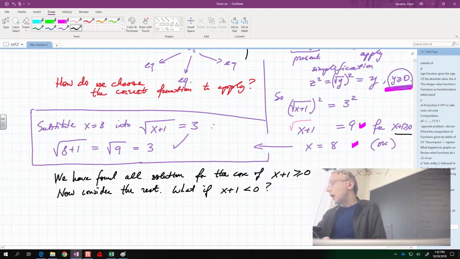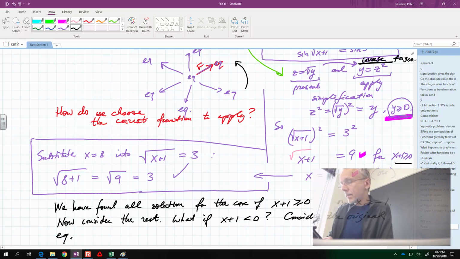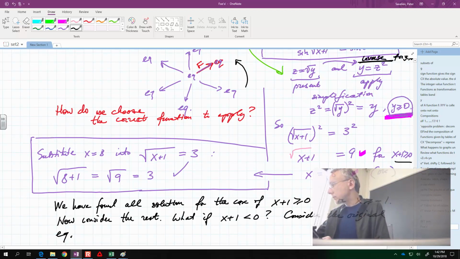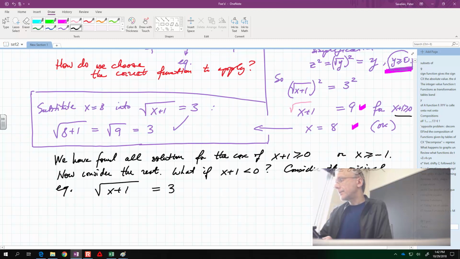Okay. Look at the original equation. So consider the original equation, which is once again square root of x plus 1 is equal to 3. Okay.